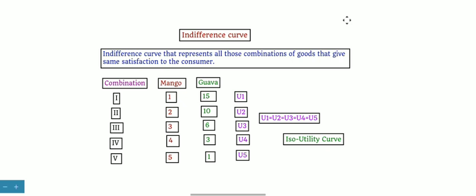In the first combination, 1 mango and 15 guavas are consumed. In the second combination, 2 mango and 10 guava. In the third combination, 3 mango and 6 guavas. In the fourth combination, 4 mango and 3 guavas. And in the final combination, 5 mango and 1 guava is consumed.